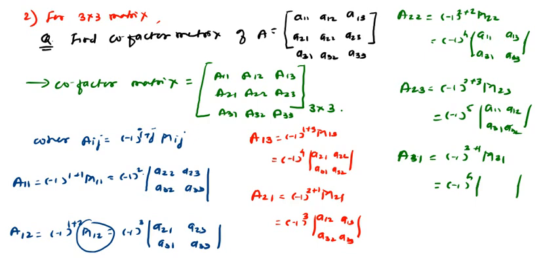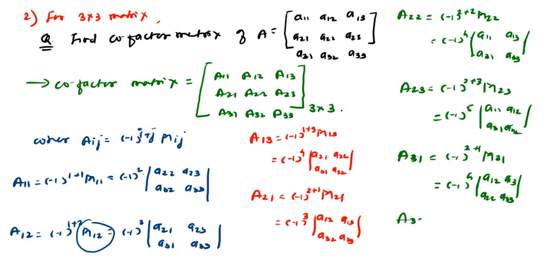Okay, A31, where it is? This is the element, so hide the column and the row where that element is present. So what we get, this will be determinant A12, A13, A22, A33. Okay, so this is how we can find the element A31 also.